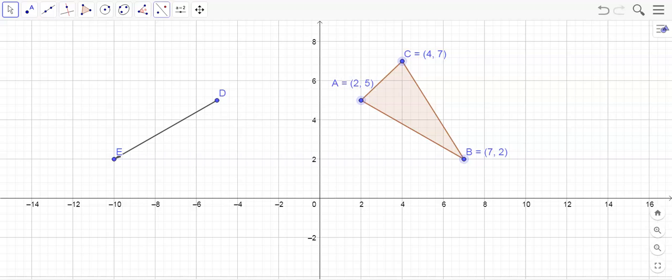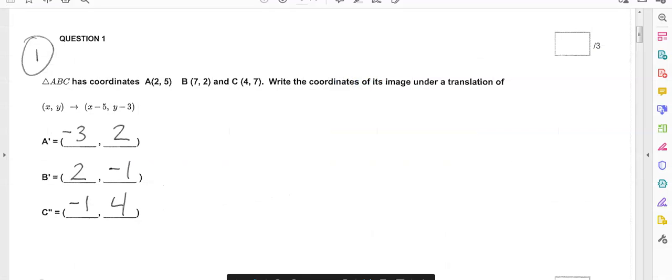Now we're going to translate this shape, that magnitude and direction, and then you're going to get all your new points. So hopefully these points, the -3, 2, the 2, -1, do match up with our rule. So the rules are probably faster, but sometimes you might need GeoGebra to help you see what's going on.